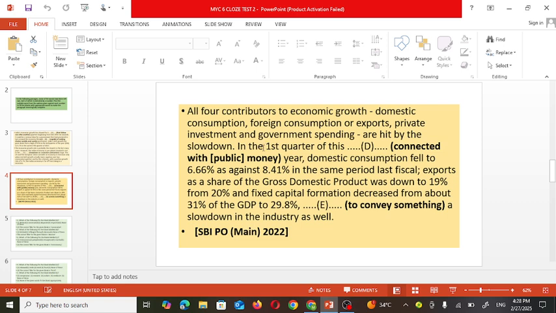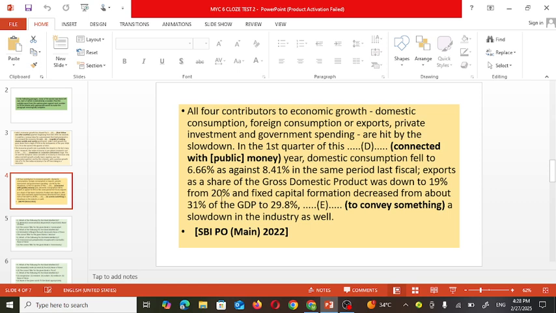In the first quarter of this dash year, domestic consumption fell to 6.66% as against 8.14% in the same period last fiscal. Exports as a share of gross domestic product was down to 19% from 20%.